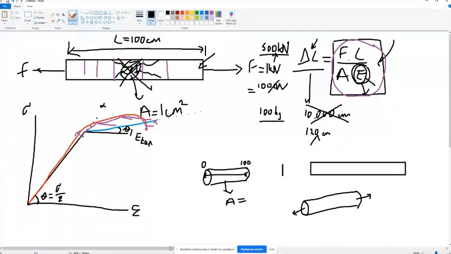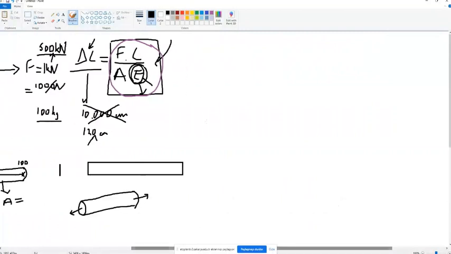I think you understand something. From now on, we can say that we have got a structure like this.